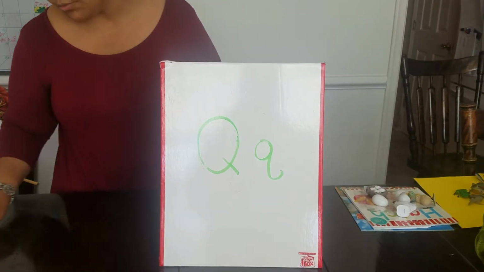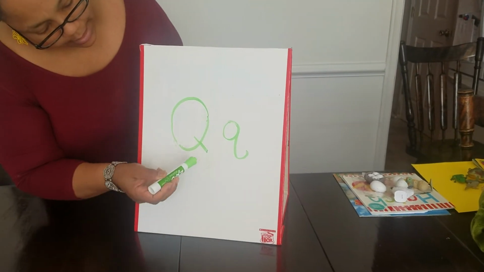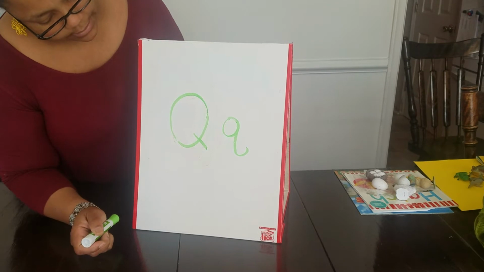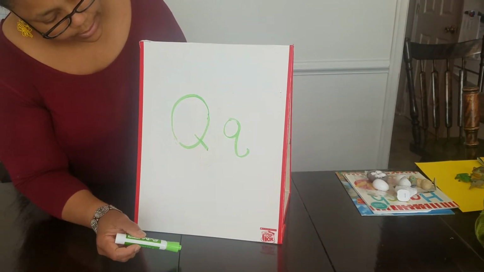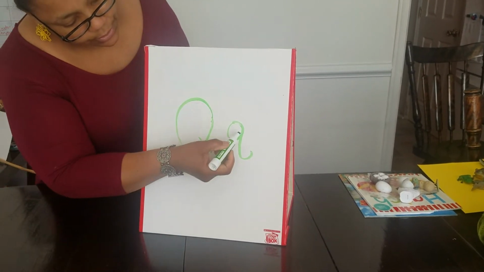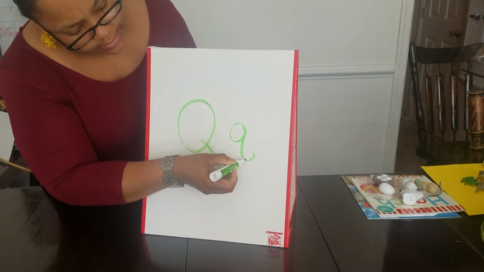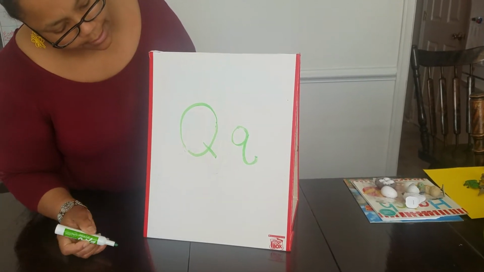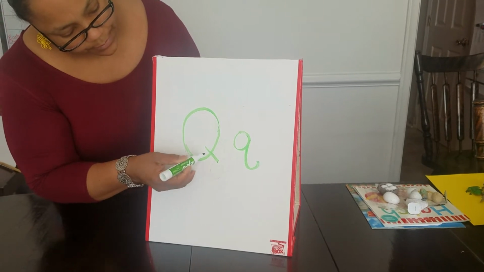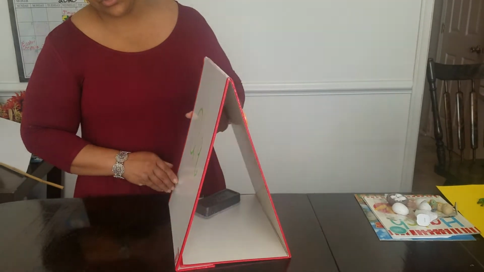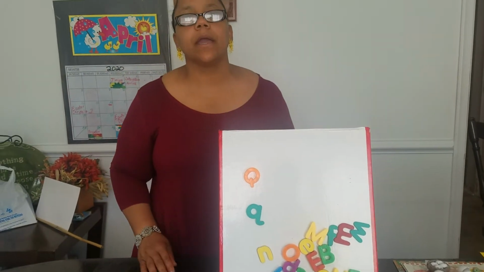We write it like a circle and then a line. And then lowercase q is a circle head, and then we give it a nice long piece of curly hair. Q sounds like qu, qu, qu.